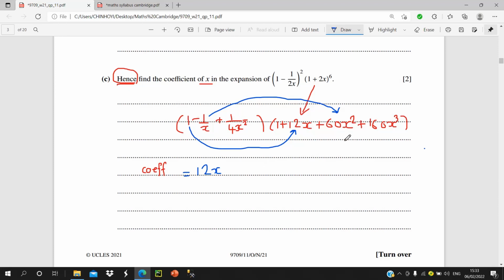So this x and this x cancel, then you remain with the x, and with this negative, you multiply 60 and you're going to get minus 60x.